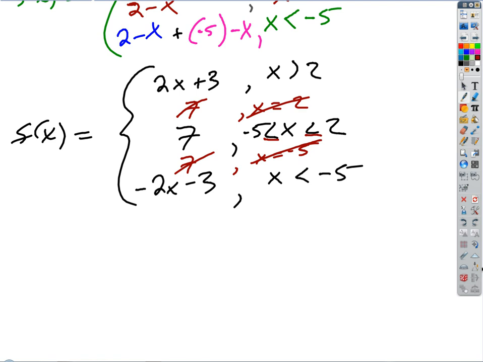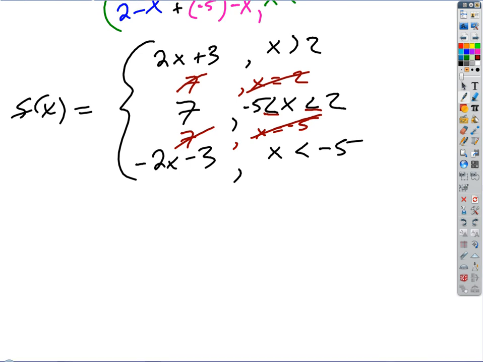So what if we differentiate this? This is kind of strange. You haven't done this really before. Differentiating a piecewise function, all we do is differentiate each piece separately. So if this is the function, then this is the derivative. What's the derivative of 2x plus 3? 2. What's the derivative of 7? 0.